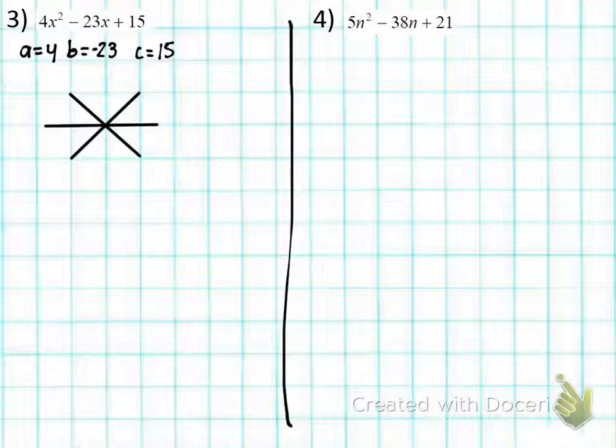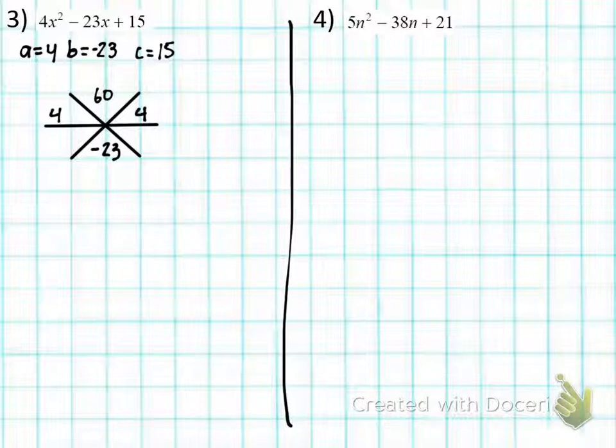Okay, and we're going to put 4 in for A. 4 is going in for A. A times C is 60. Okay, B is? Okay, good.